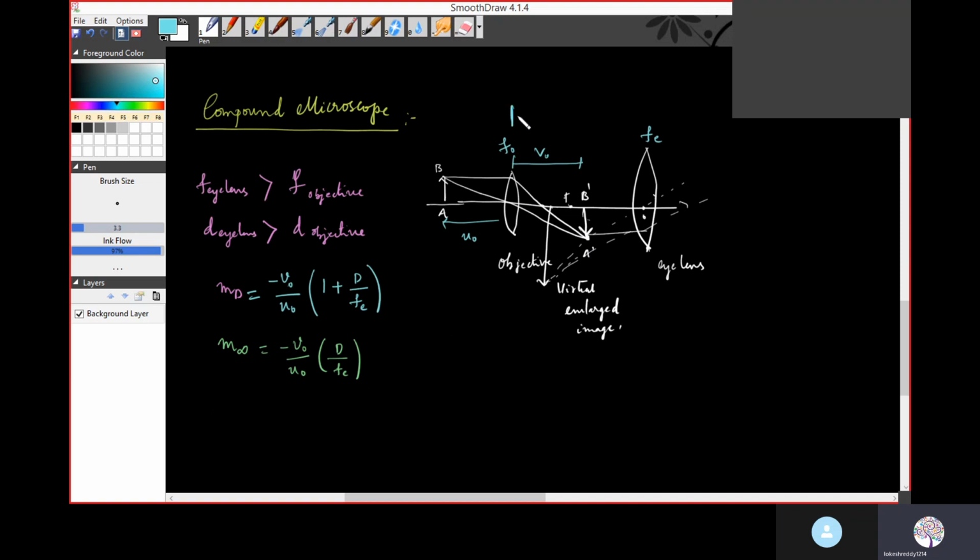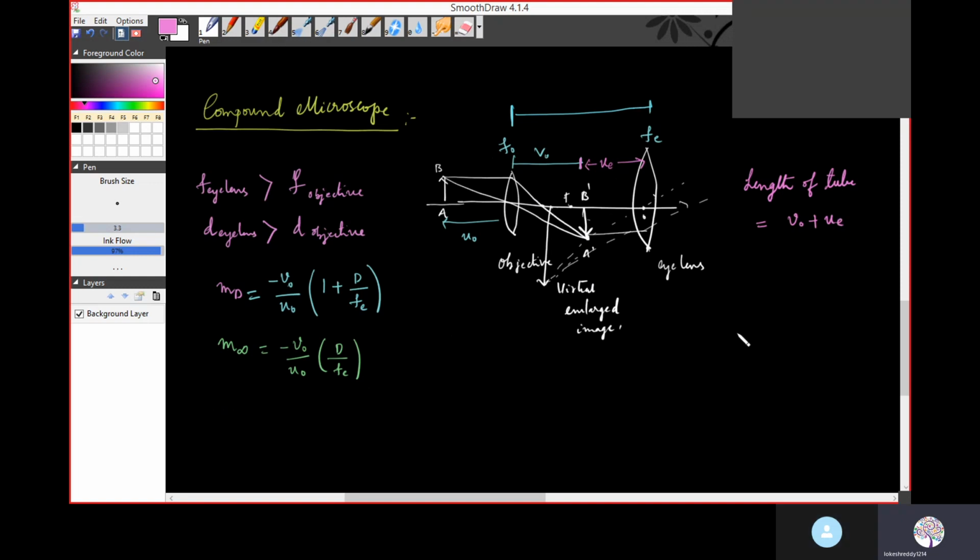The length of the tube is the distance between these two lenses. This distance is V naught plus the eye lens object distance U E. So the length of the tube is equal to V naught plus U E.